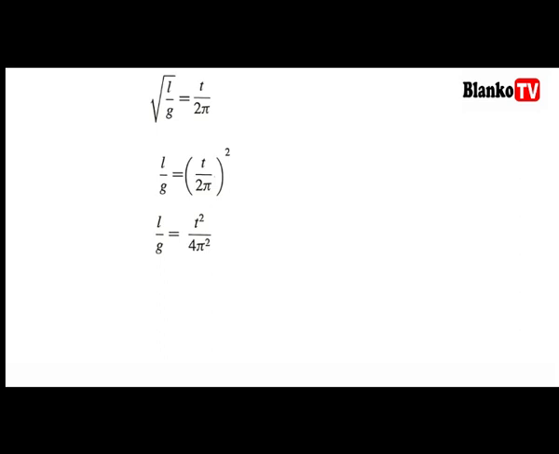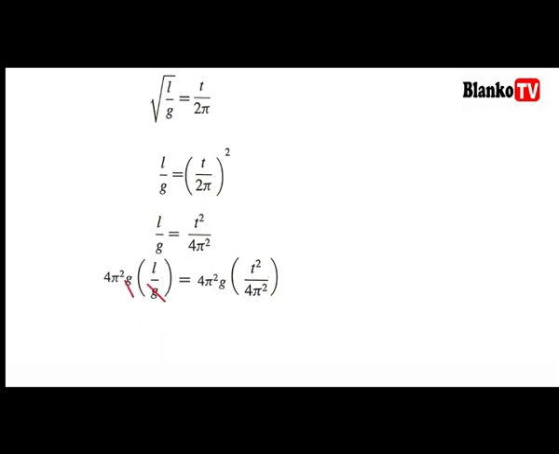Alright, so we multiply through by 4 pi square G. That is, we multiply the left hand side by 4 pi square G, and then we multiply the right hand side by 4 pi square G. So we have 4 pi square G multiplies L over G equals 4 pi square G multiplies T square over 4 pi square.